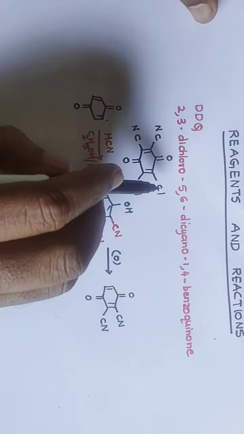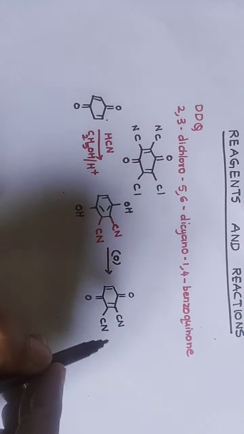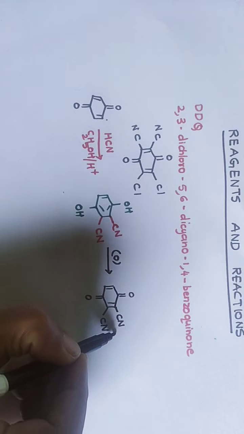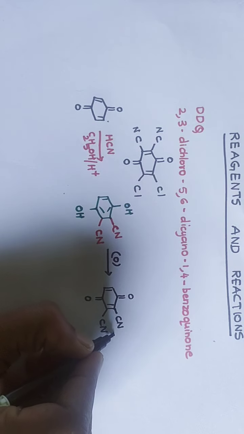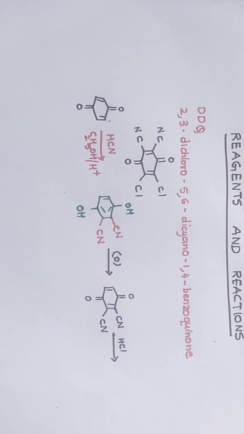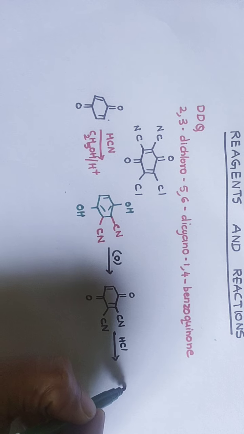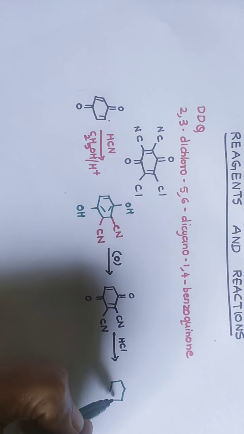Now we only need to attach Cl groups. So this molecule, whatever we have obtained, is treated with HCl. When it is treated with HCl, what happens?